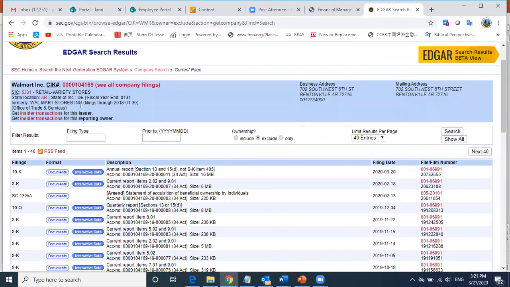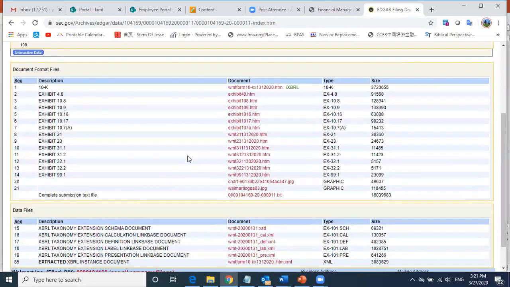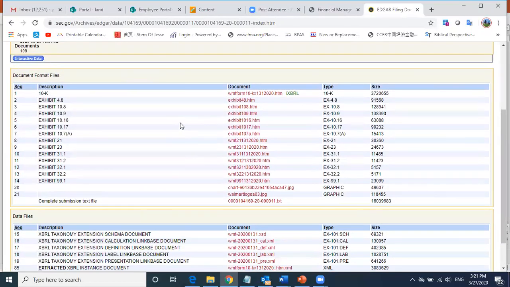So you can see, click on that, the Walmart company, they have all the documents. That's the 10K form, right? The 10K form is usually filed in March. The 10K form has different sections, so you can see all those different sections, including the financial statement.